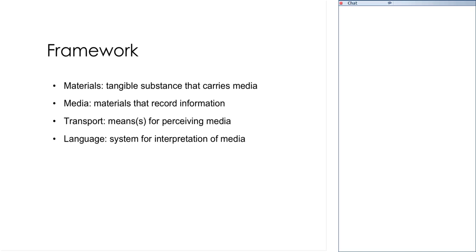In our traditional libraries and archives, the transport mean was pretty simple. It was reflected light. If you're thinking about audio and video collections, you need an amplifier and speakers or headphones to get sound to you. If you're talking about motion pictures, you need light, you need a projection surface, and you need magnification. And then finally, there's some system for interpreting.